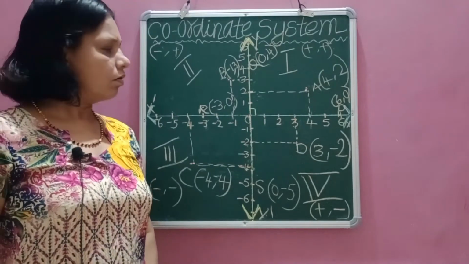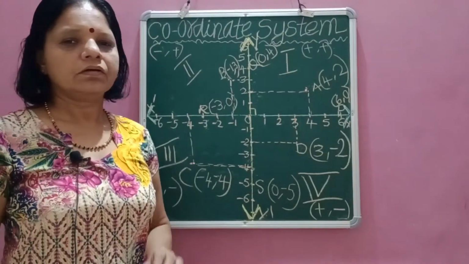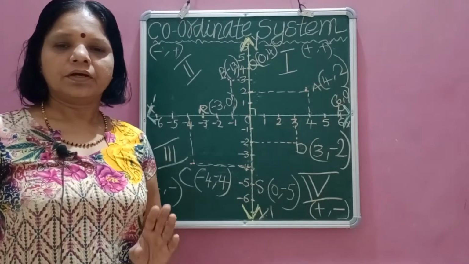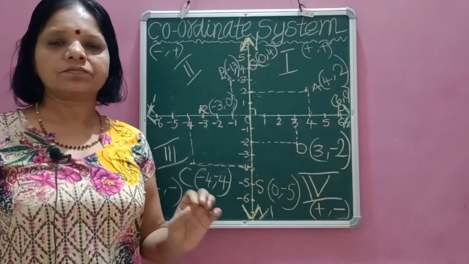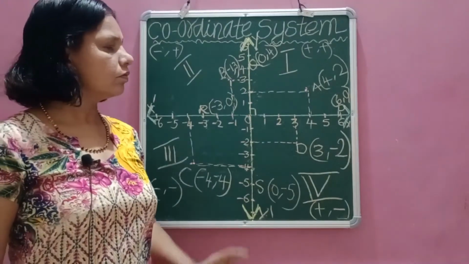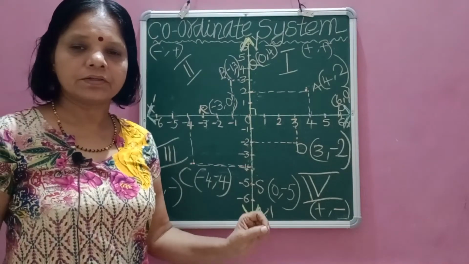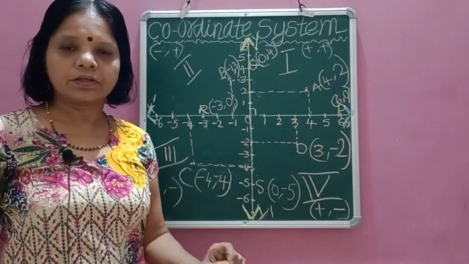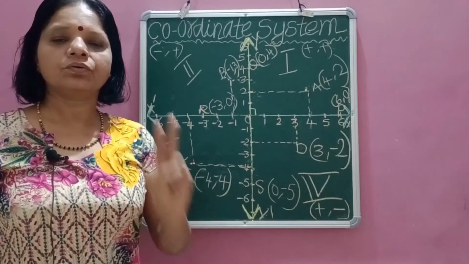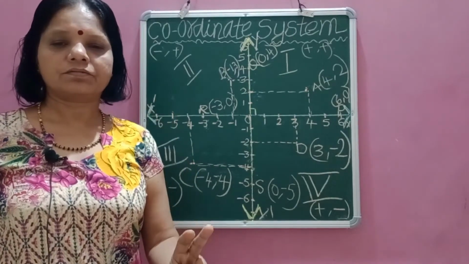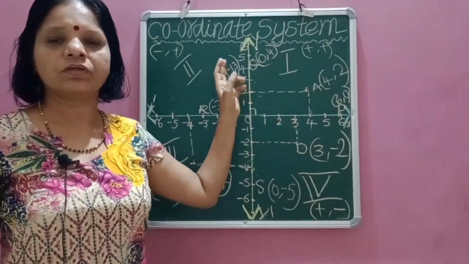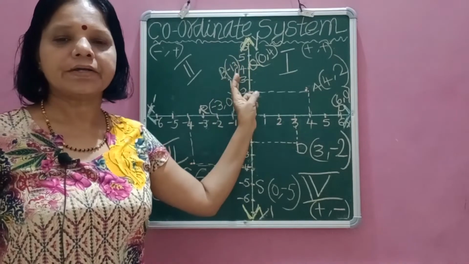Now, how will you get the coordinate? In a single number line, the number corresponding to the point is the coordinate of that point. Here, for a particular point in a coordinate system, you will get two coordinates, with respect to x-axis and also with respect to y-axis.